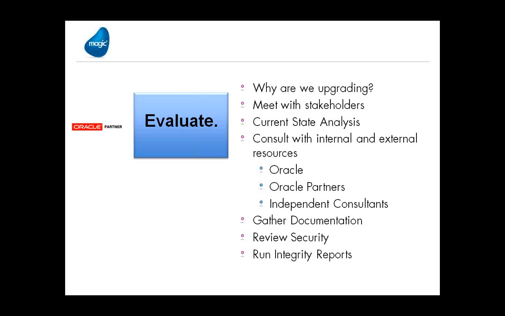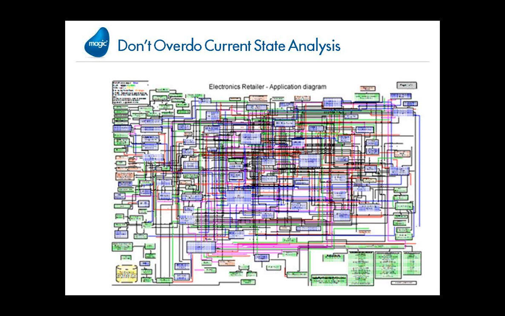And of course, when you go through the Oracle workshop, a lot of this is discussed in more detail. Regarding the current state analysis, which is really something that I want to spend a little more time on, you obviously don't want to overdo it. I think we've seen some situations where the current state analysis gets too detailed, and you want to try to find that right level of detail.